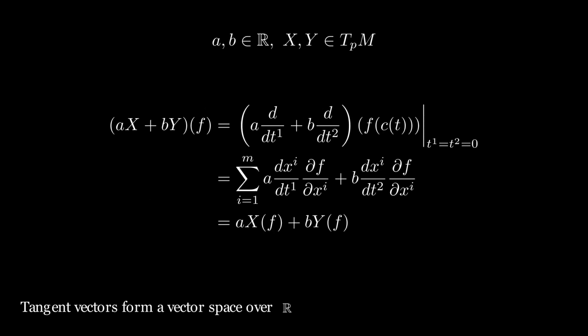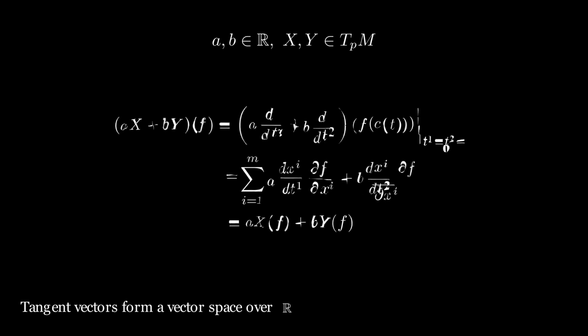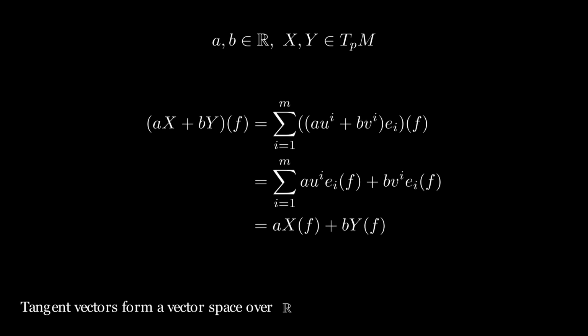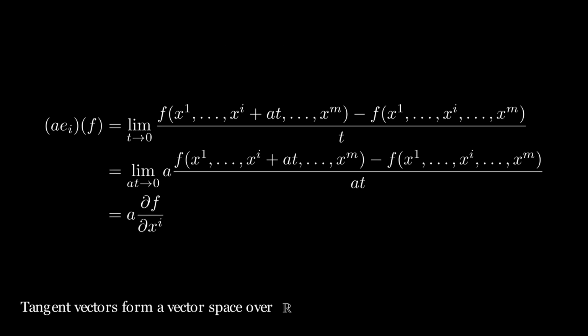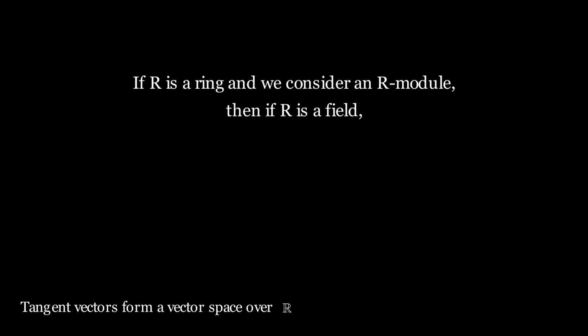When tangent vectors act on functions f, they satisfy the linearity of a linear map. Also, this can be written in the following way. Especially, a e_i is an operation of this kind. Here, c(t) is, for example, like this. It shows that the tangent vectors form an R-module. Since R is a field, they can therefore also be regarded as a vector space over R.